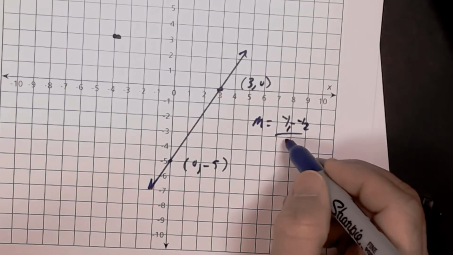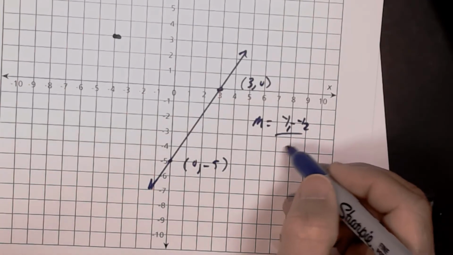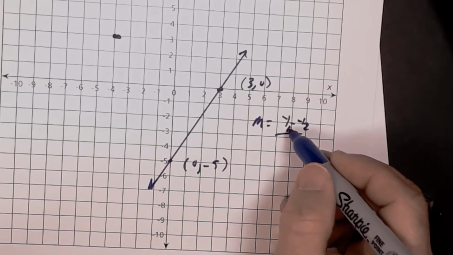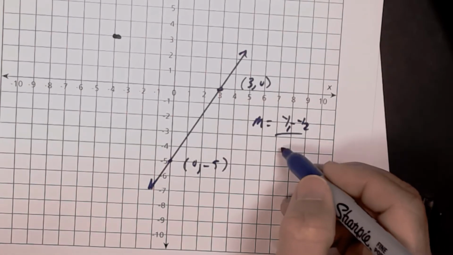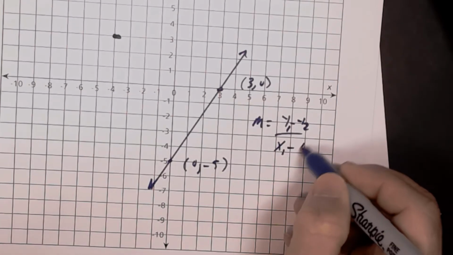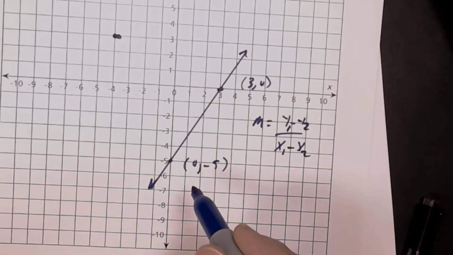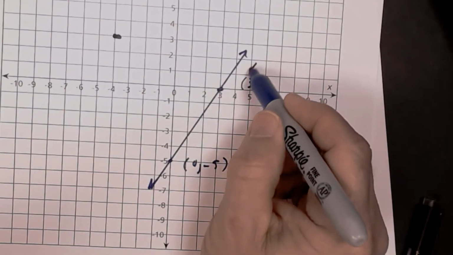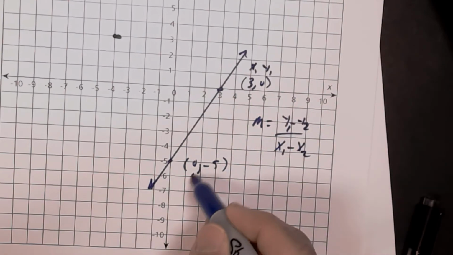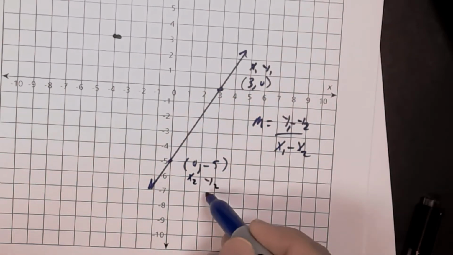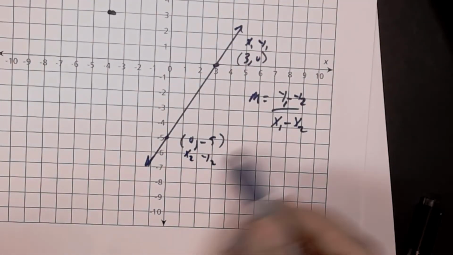Now remember, the denominator does matter how you write it. You see how I have y1 first, so I must say x1 first: x1 minus x2. Okay, so now let's label this one x1, y1, and this x2, y2.